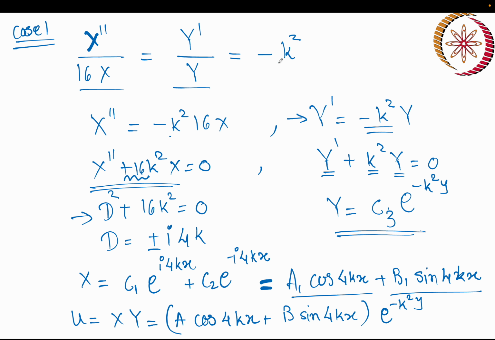So what case 1 we are considering is the constant less than 0, so k square is less, the ratio we are saying this is less than 0. Okay, so the case 2 we will see where the constant that we are considering is equal to 0.